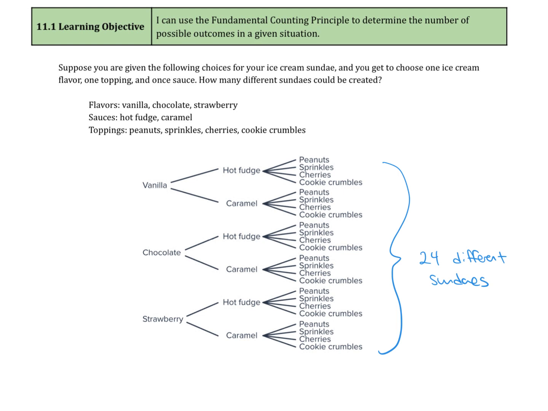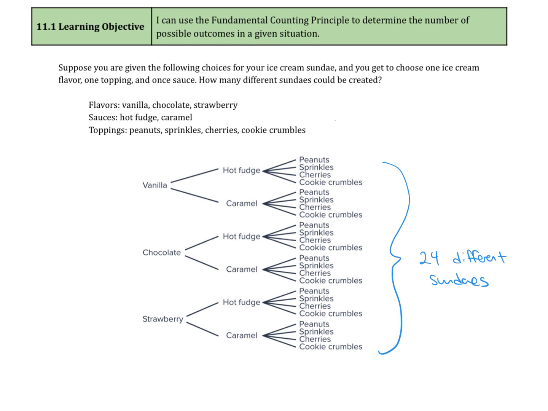But it's not sensible to make a tree diagram every time we need to do a problem like this. So what we can do instead is multiply the number of possibilities in each category to get the total number of combinations.